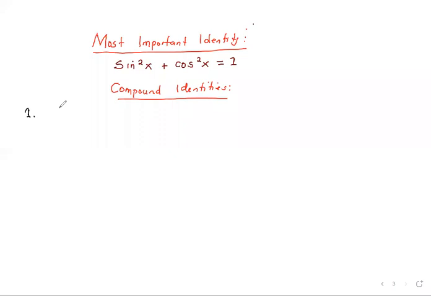Someone wanted to ask a question. Okay. Sir, is it the same when you write sine x squared and sine squared x? What you are saying in the end of brackets?